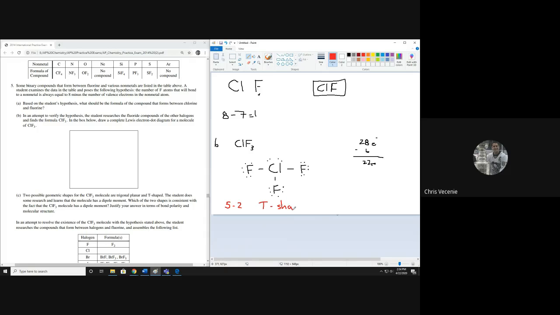Now, they want to know, will it have a dipole moment? Because we're expecting it to have a dipole moment. So dipole moment is code talk for what, Ethan? It has a different pull. Yeah, right? Uneven pull. So generally, what's our first check? Dots on the center. Does it have dots on the center? Yes, it does.